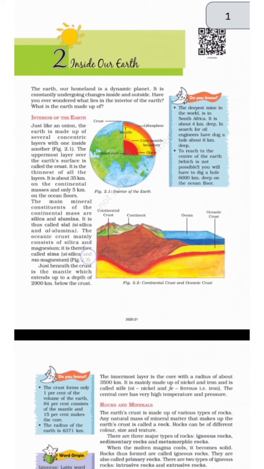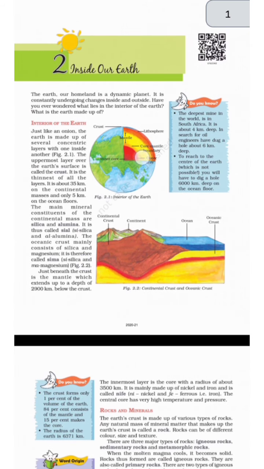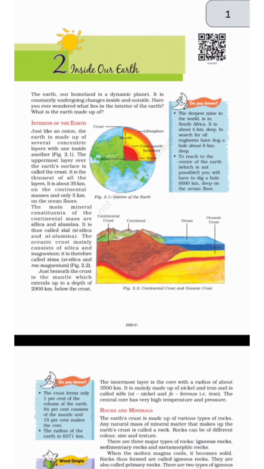Yes, many minerals are present in the crust. The main minerals present in the continental crust are silica and alumina. In short, it is called SiAl. Si for silica and Al for alumina.